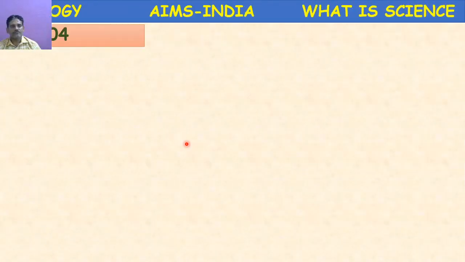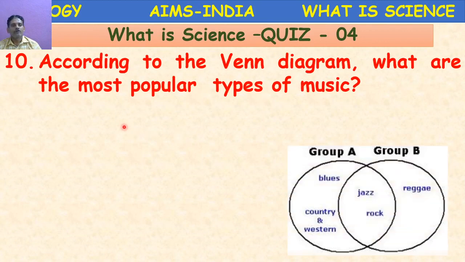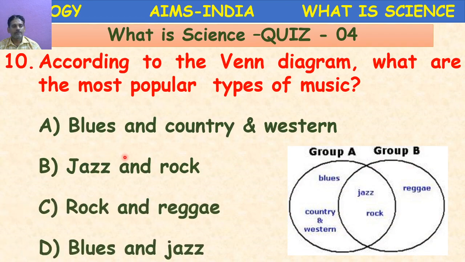So, last question. According to the Venn diagram, what are the most popular types of music? Here the different musics are given: blues, country and western, jazz, rock, reggae. Blues and country, western, jazz and rock, rock and reggae, blues and jazz.